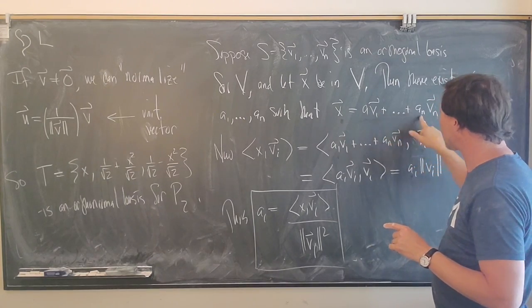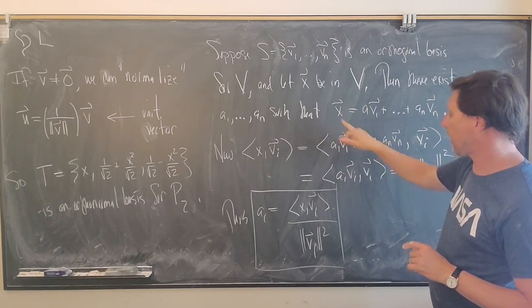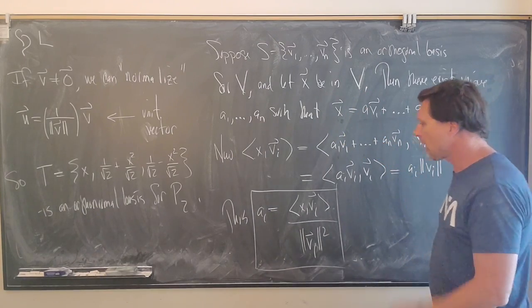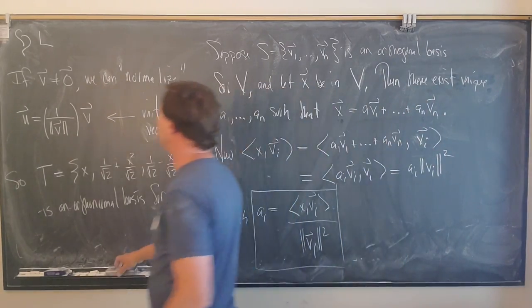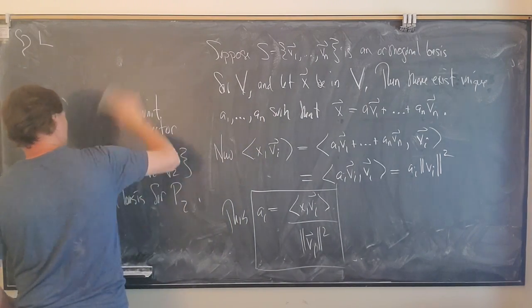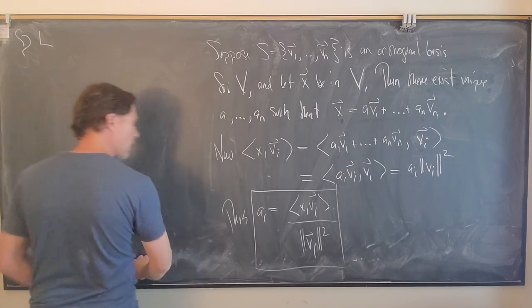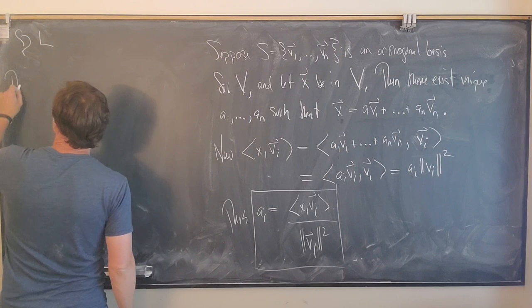It tells us exactly what the coordinates are for our vector x. And so let's collect this. I want to write this as a theorem now. All right, so theorem.